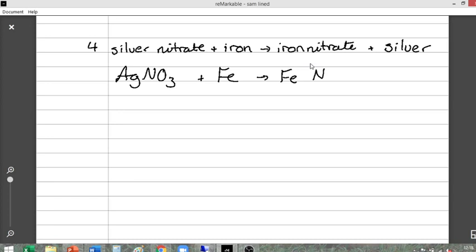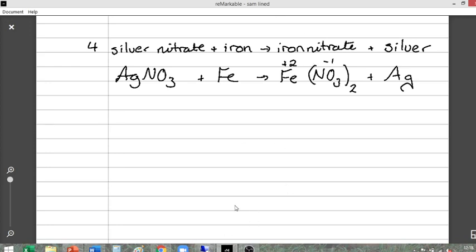Nitrate is your NO3. Let's treat this as if it was the 2 plus iron, and then we just do the same again. Square brackets around that, and because each one of those is a lot of -1, and plus the silver. So that is why this was an extension task. It's a little bit trickier.